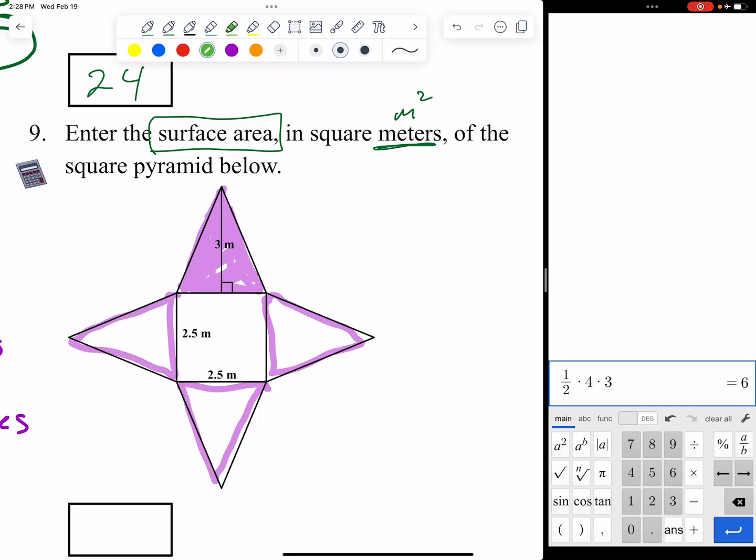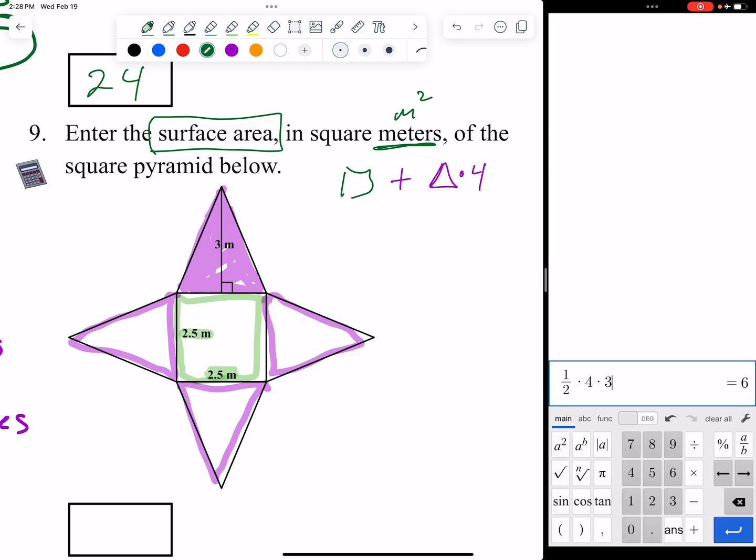And then on the inside, we have a rectangle, but this one's a square because my length and width are the same. So if it's the outside for the surface area, well, let's first find the area of the square. Then we're going to add the area of the triangle, but we're going to multiply that times 4.